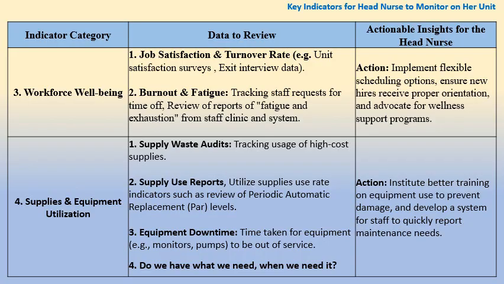Equipment downtime. Time taken for equipment, for example, monitors, pumps, to be out of service. 4. Do we have what we need when we need it? Action. Institute better training on equipment use to prevent damage, and develop a system for staff to quickly report maintenance needs.